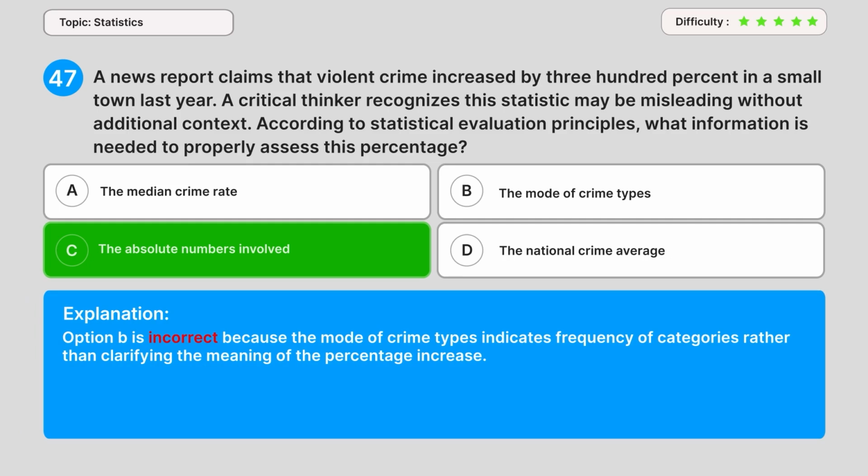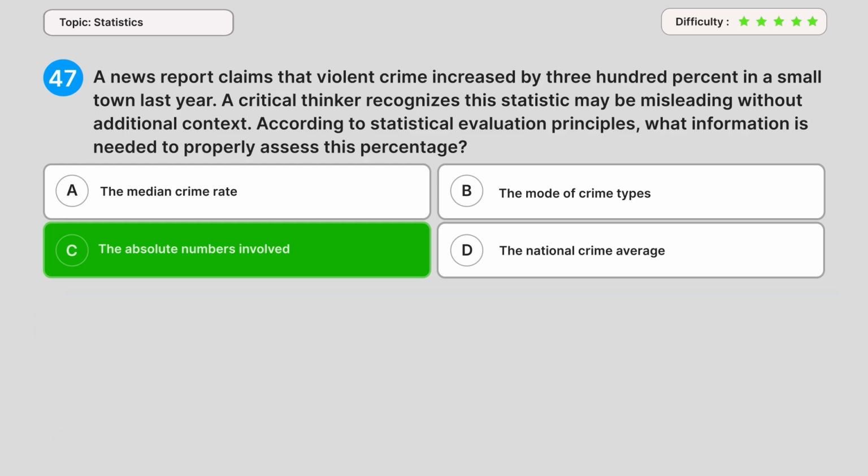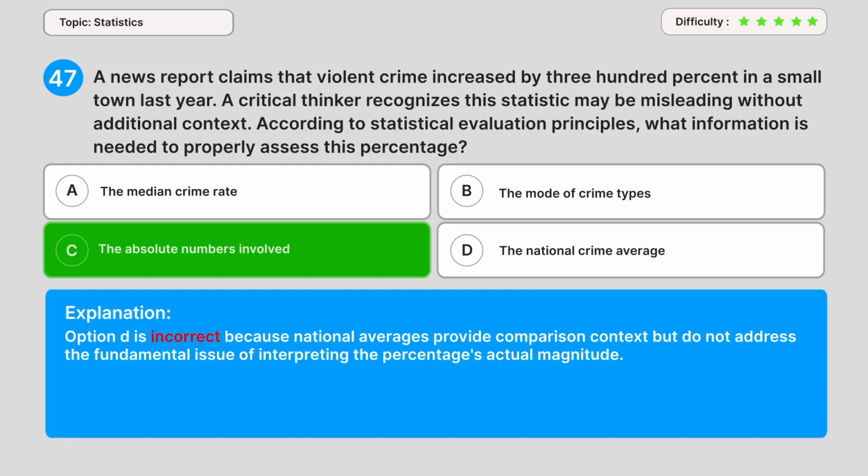Option B is incorrect because the mode of crime types indicates frequency of categories rather than clarifying the meaning of the percentage increase. Option D is incorrect because national averages provide comparison context but do not address the fundamental issue of interpreting the percentage's actual magnitude.